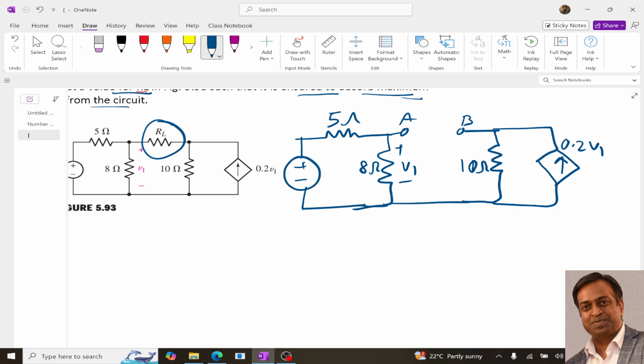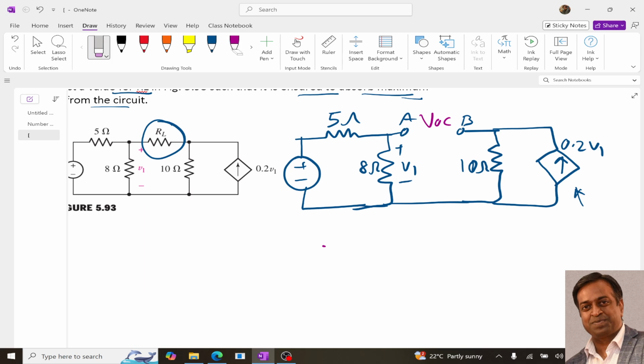Now in this circuit, since we have the dependent source and we cannot deactivate the dependent source, we cannot calculate RTH just by deactivating all the voltage and current sources. So what we can do is first determine the open circuit voltage, meaning the voltage across the AB terminal.